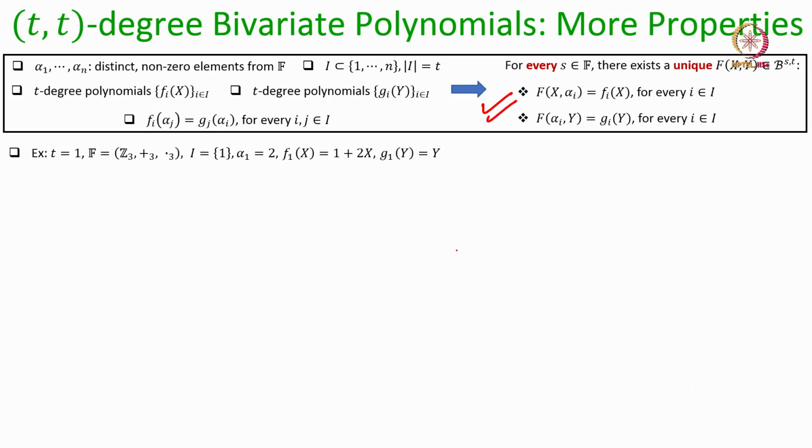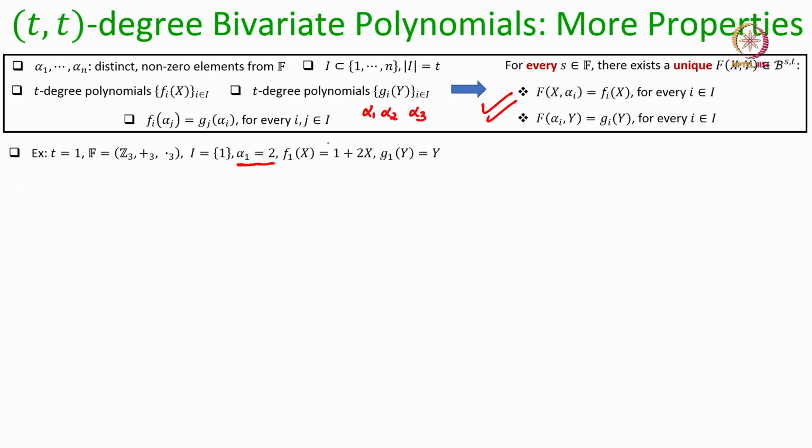To understand this statement, again let us take the field Z3 and suppose I fix the index set to be 1, and the evaluation point corresponding to that index is 2. That means, there would have been multiple evaluation points alpha 1, alpha 2, alpha 3.